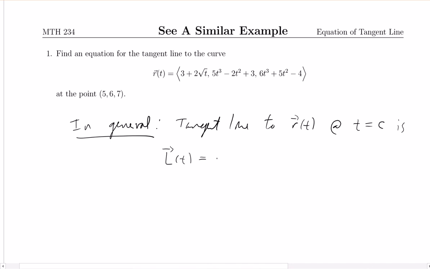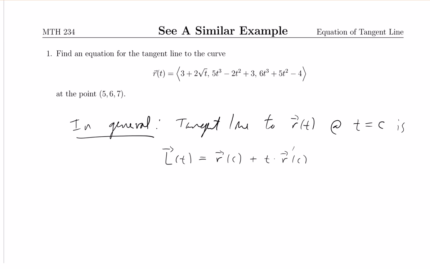It's equal to r of c plus t times r prime of c. So this is the general formula for any curve and any point on that curve.